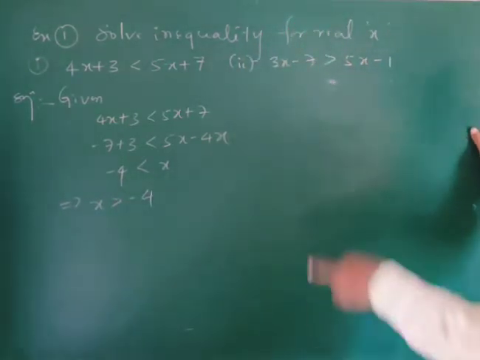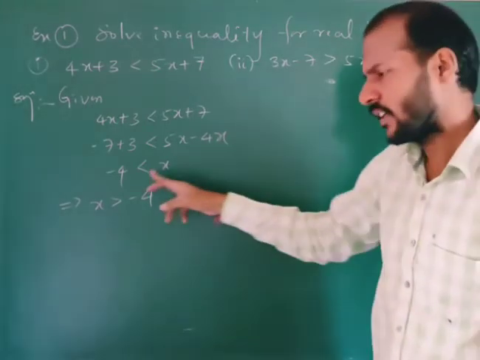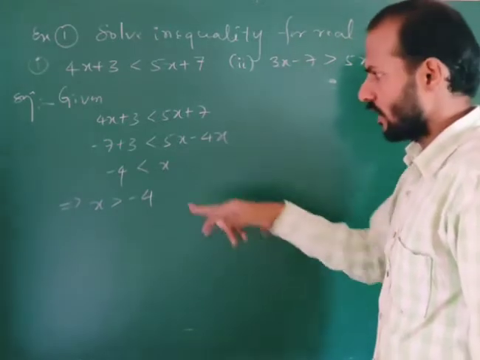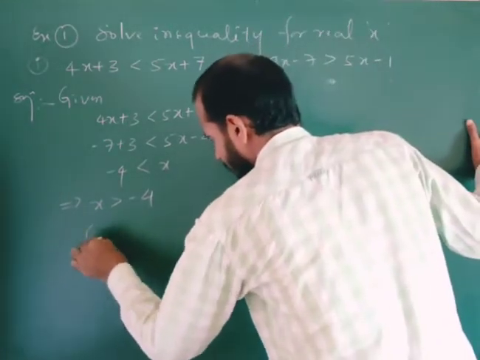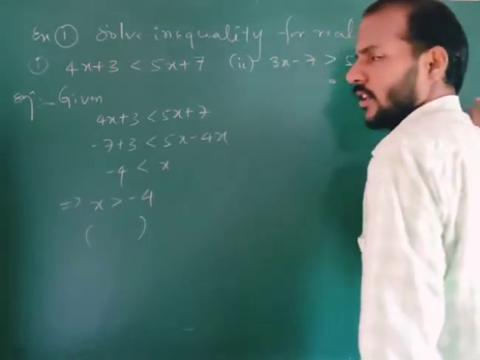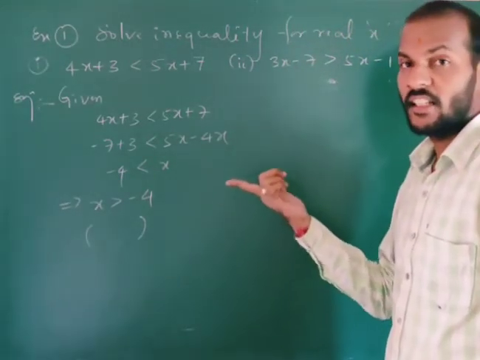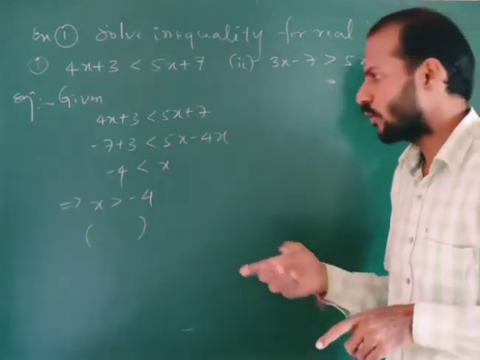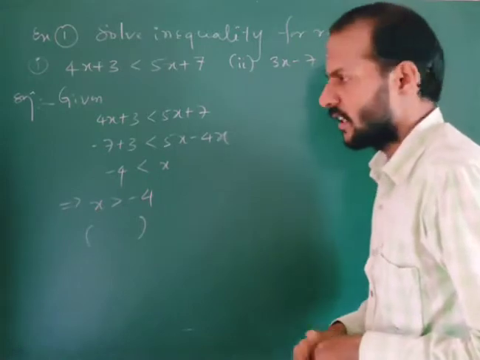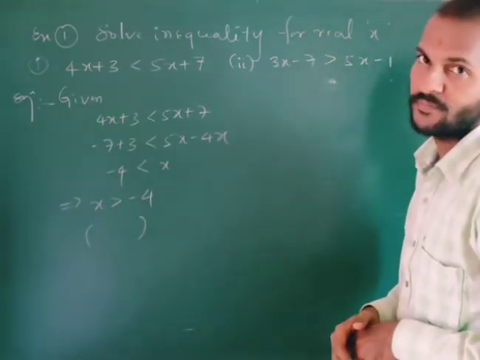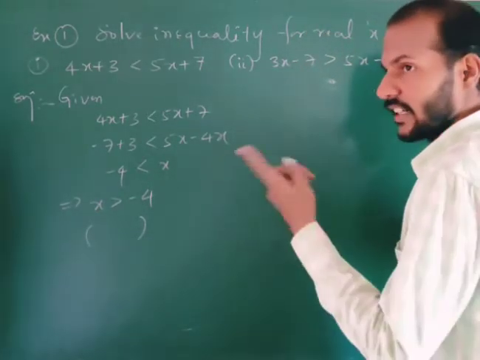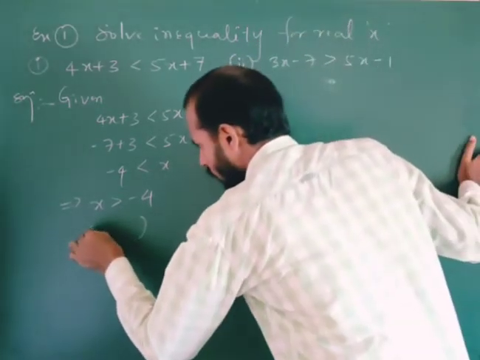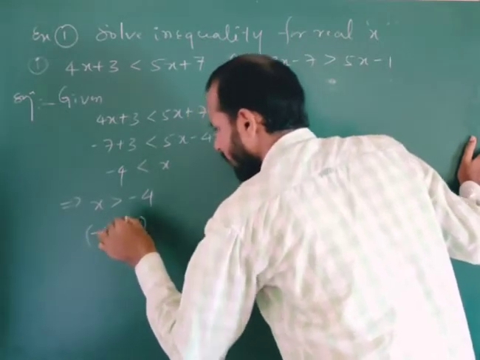minus 4. X is greater than minus 4 means how do you write in the form of interval, right? Greater sign is there. What do you take here? Greater sign means normal bracket, that is open interval. When greater than or equal to sign is there, then we take a square bracket, right? How to write this in the form of interval? X is greater than minus 4 means we can write it as minus 4 to infinity.